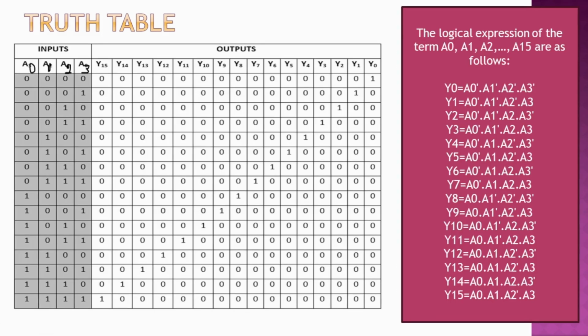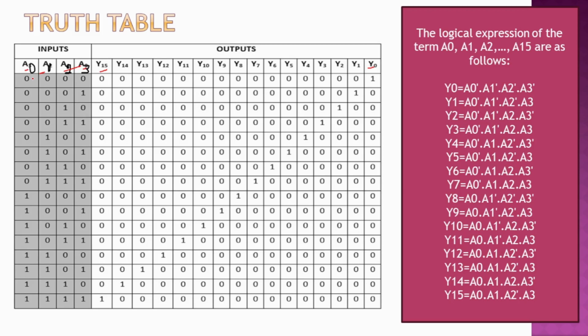This is the truth table for the 4/16 decoder. Here I have the inputs A0, A1, A2 and A3, and the outputs will be mentioned from Y0 to Y15. Okay.